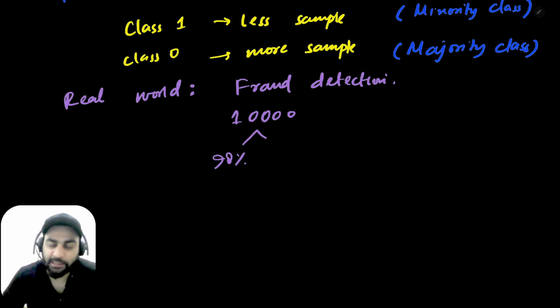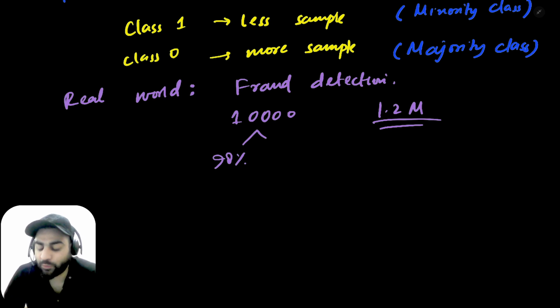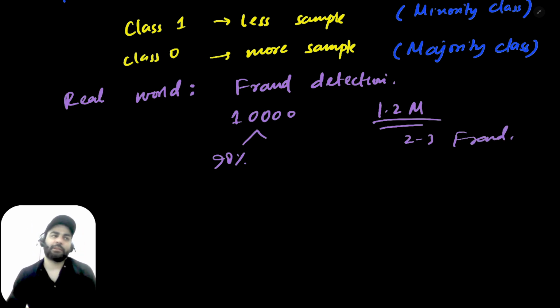In a recent case I was doing, there were some 1.2 million records, and out of these hardly around 2 to 3,000 were fraud. You see the huge imbalance in the data set: most samples are non-fraud, and some samples are fraud.